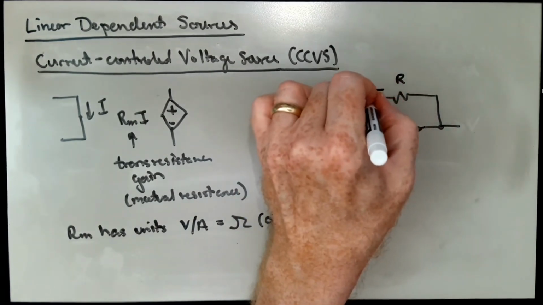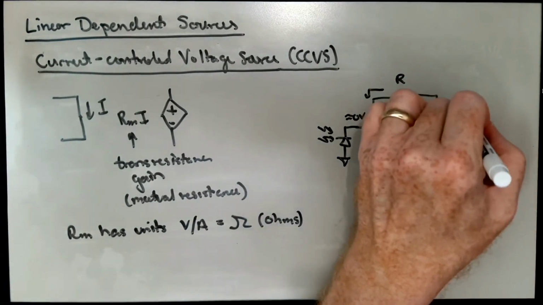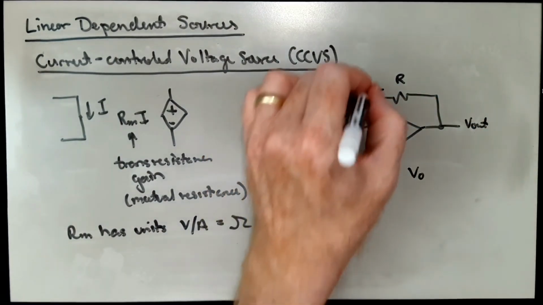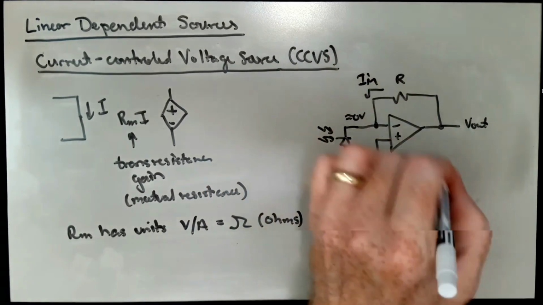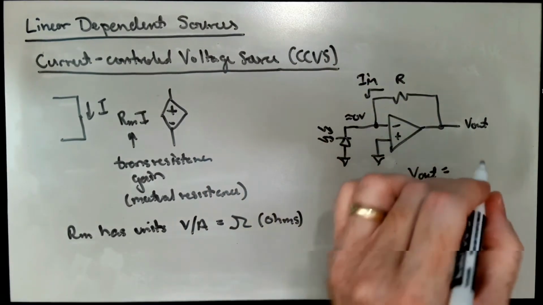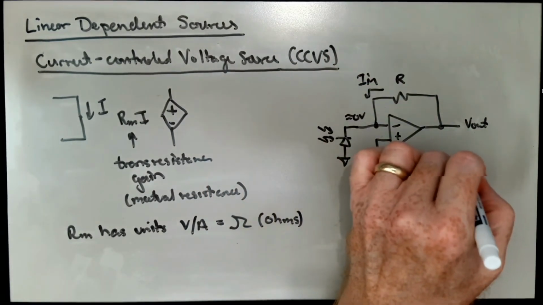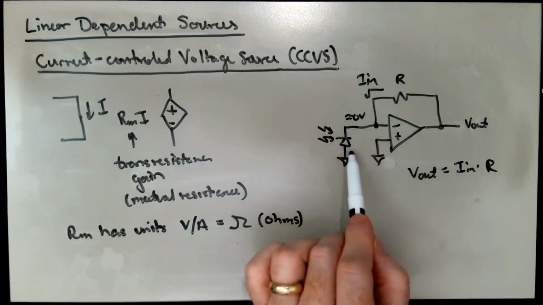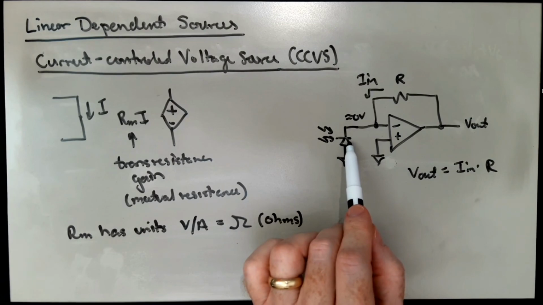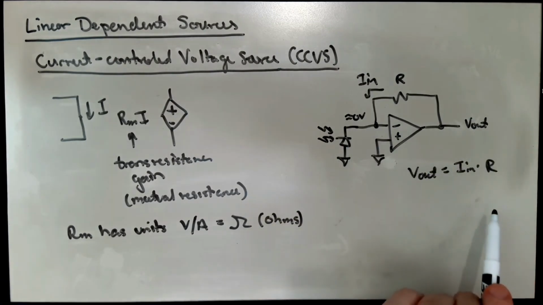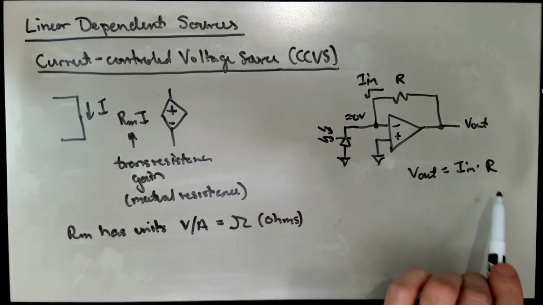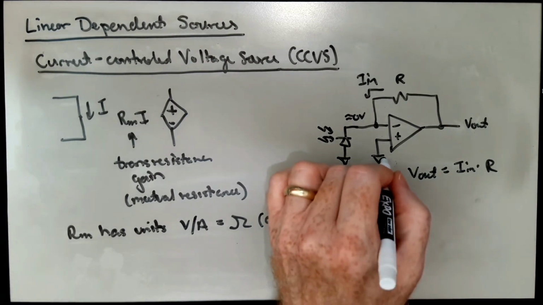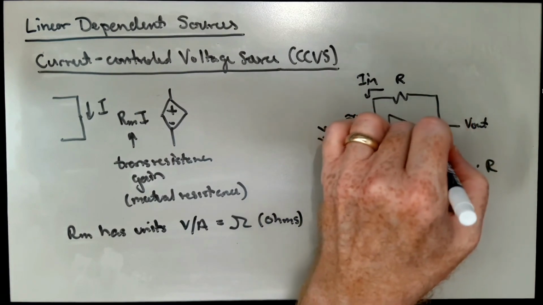The current flowing through the diode flowed through the resistor, and if this was I in, V out was just I in times R. And so the current flowing in this diode led to an output voltage over here through some resistance R. And so this is sometimes called a transresistance amplifier.